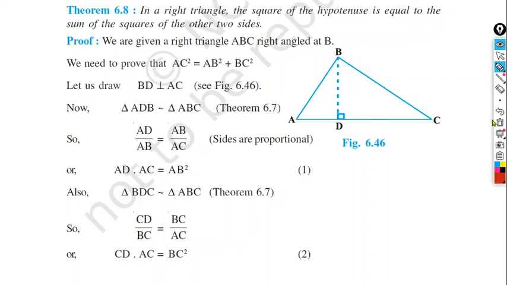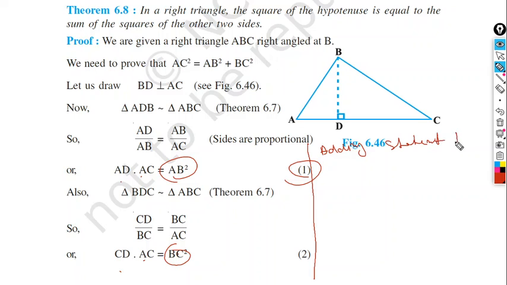Okay. Now you got statement 1: AD into AC equals AB square. You get statement 2: CD into AC equals BC square. Now let's add statement 1 and statement 2. What will we get? LHS and LHS will be added, and RHS and RHS also.